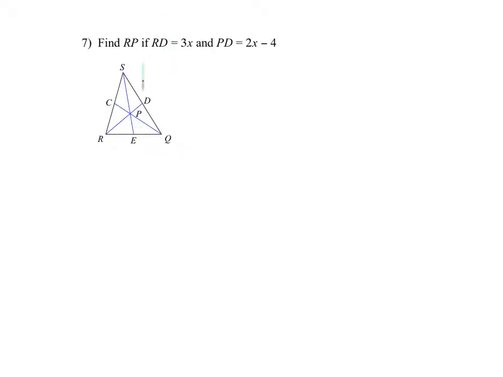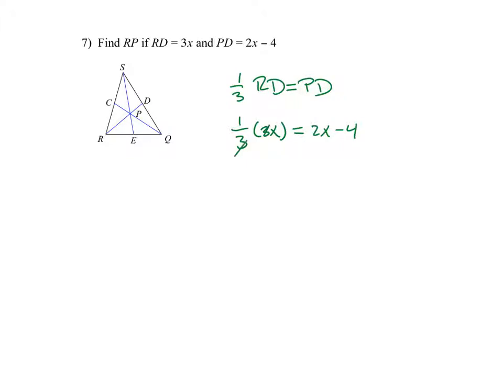Okay, so in this case I have RD, so this whole segment equals 3x, and PD is this small one over here. Again, because it's the smaller part of that median, that means that this one is 1/3 of the whole median. So 1/3 of RD equals PD, right? So 1/3 of 3x equals 2x minus 4.